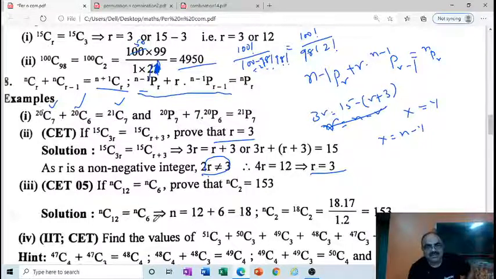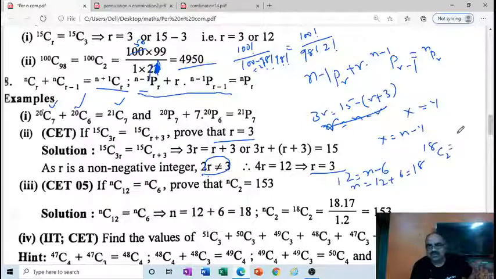NC12 is equal to NC6. So same formula as we did here: 12 is equal to N minus 6. So N is equal to 12 plus 6, which is 18. So 18C2, if you put it in, what is the formula? 18 factorial by 18 minus 2 factorial.